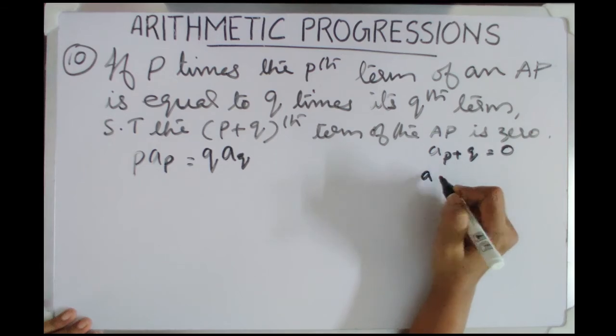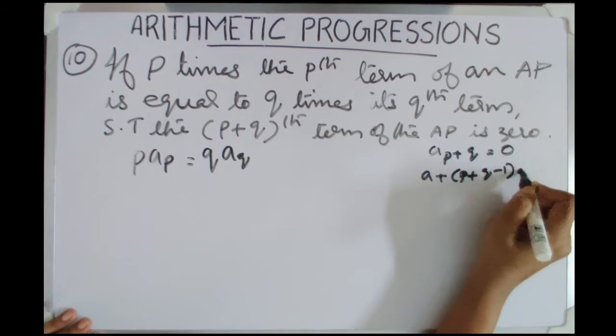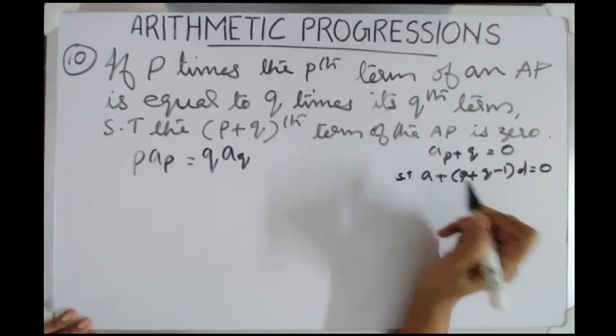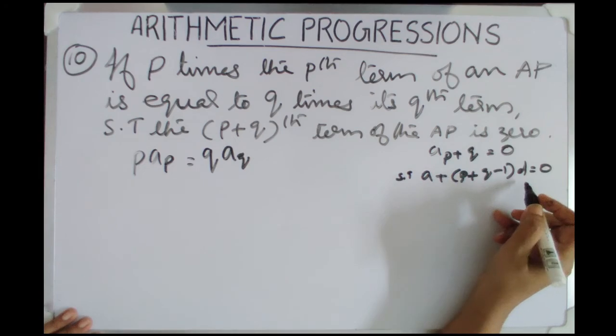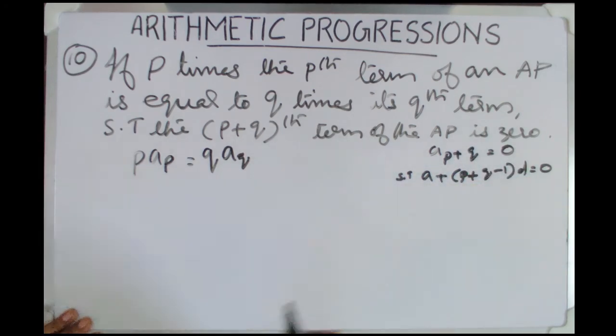That is, a_(p+q) means a plus (p plus q minus 1) into d equals 0. We have to show that this a plus (p plus q minus 1) into d equals 0. Then we get a_(p+q) equals 0.